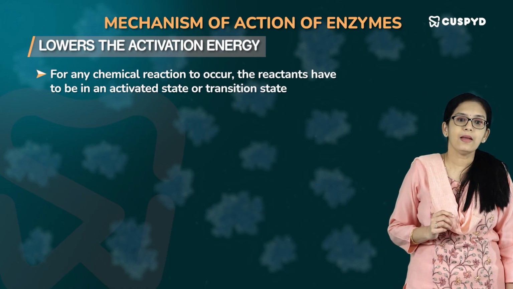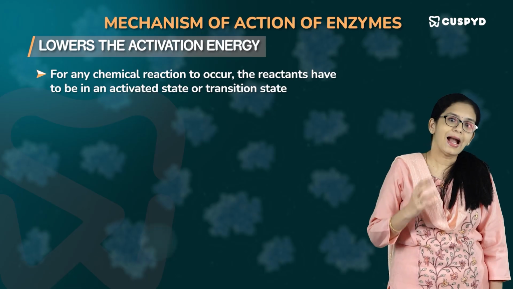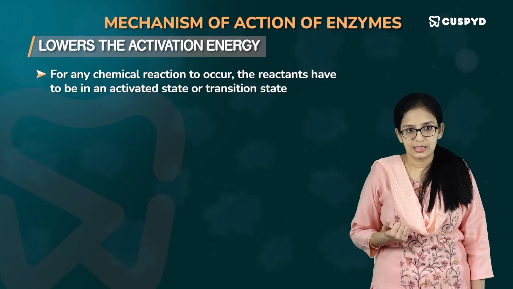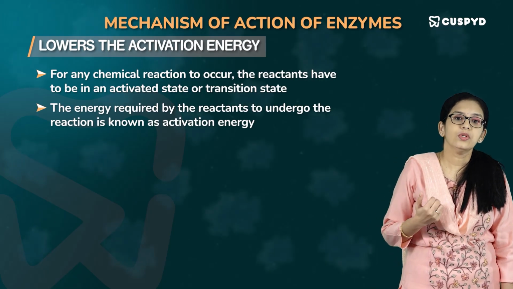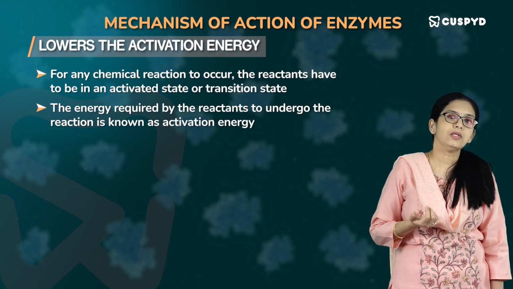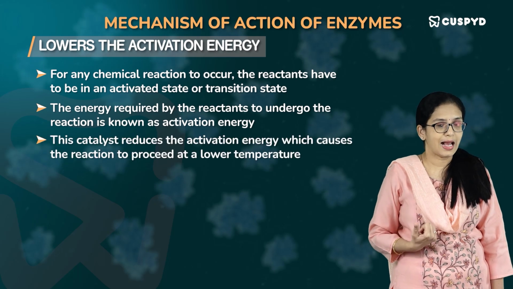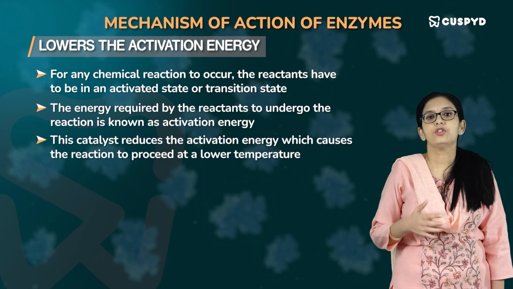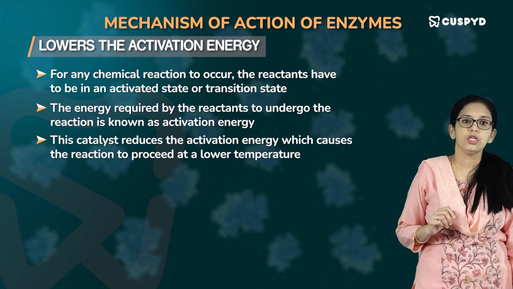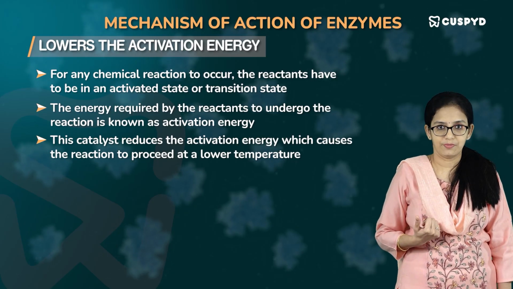For any chemical reaction to occur, the reactants have to be in an activated state or a transition state. The energy which is required by the reactants to undergo the reaction is known as the activation energy. So here this catalyst, that is the enzyme, reduces the activation energy, which causes the reaction to proceed at a lower temperature.